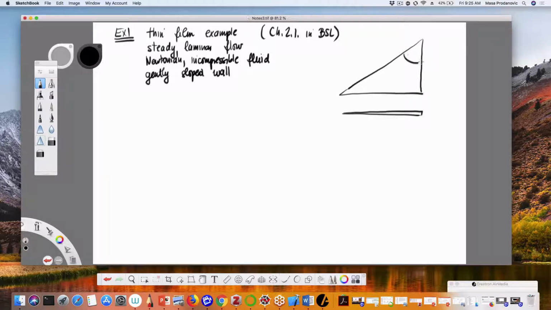I'm going to call this angle beta. The length here is L. And this wall is 3D, though we're not going to be solving it in 3D because I'm assuming symmetry. There's width W here.